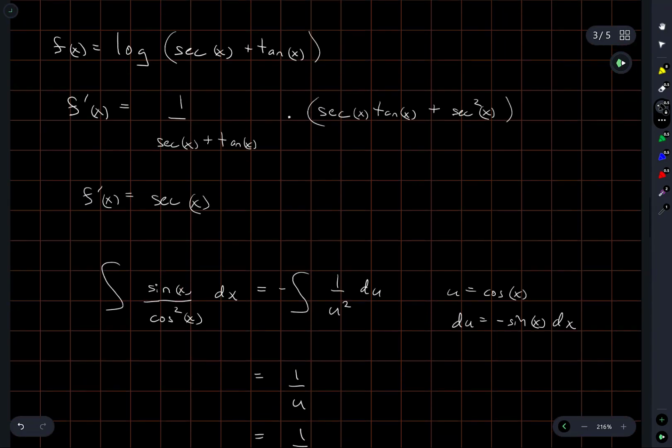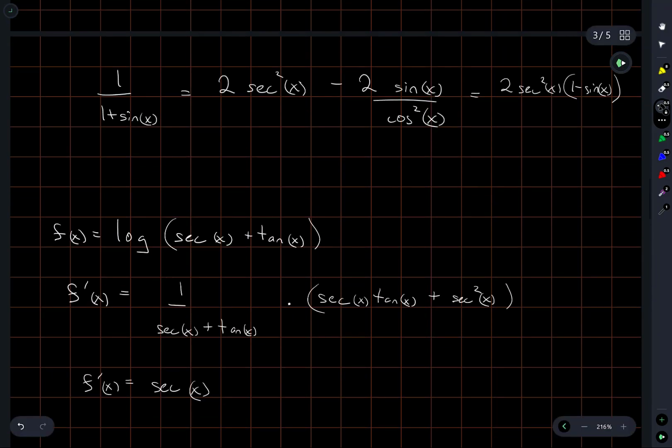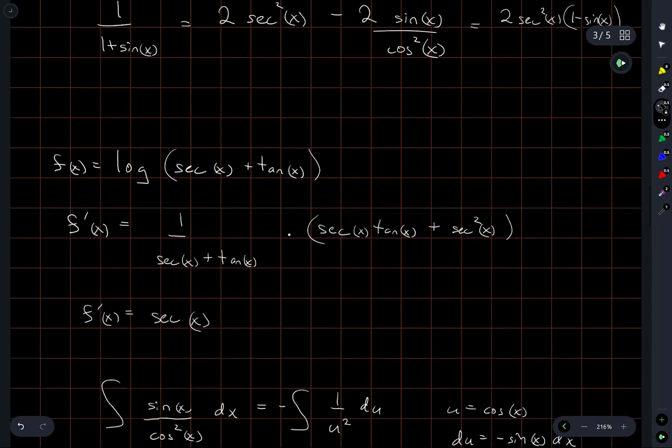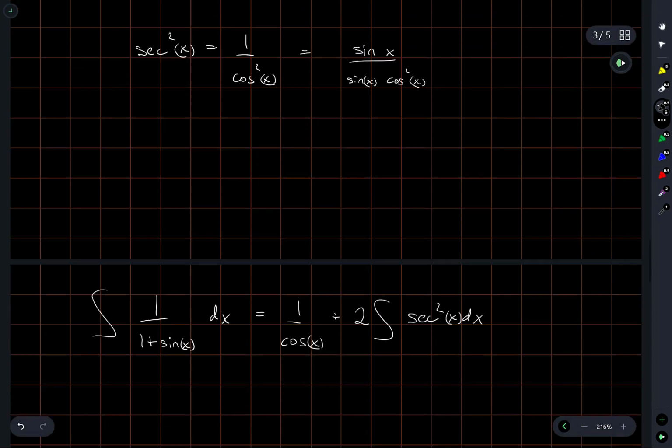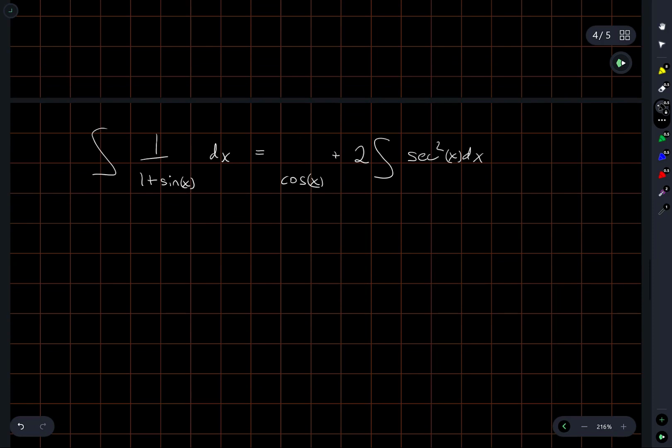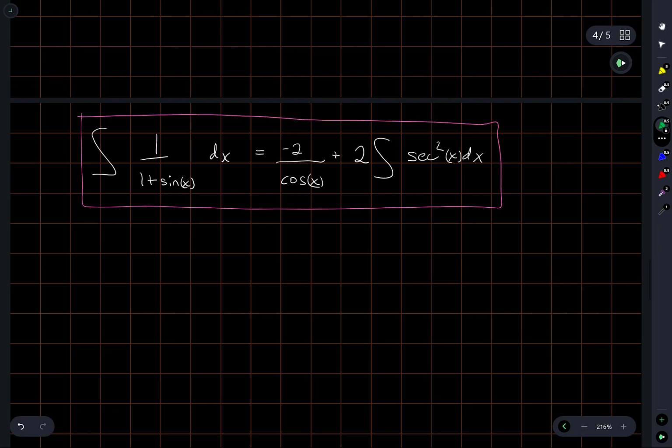So at least we have this representation of the integral. I need to think about how to do that. I don't know if there's a well-known integral identity for this.